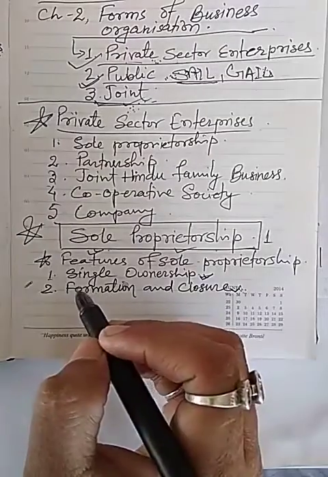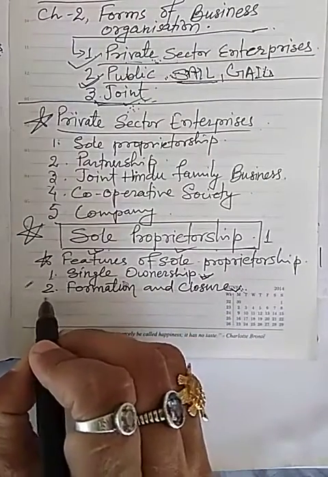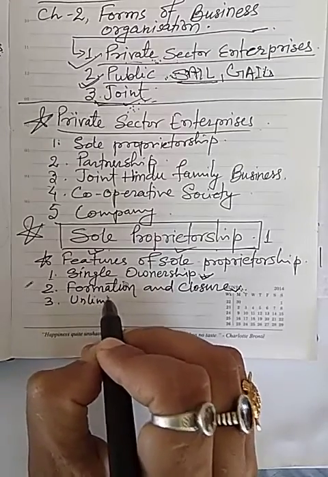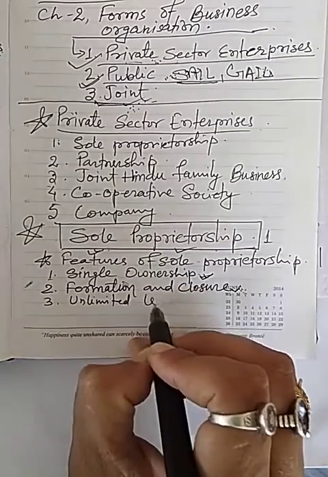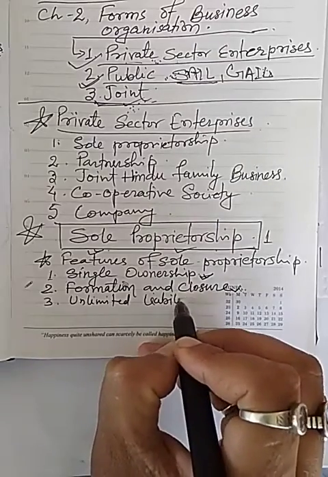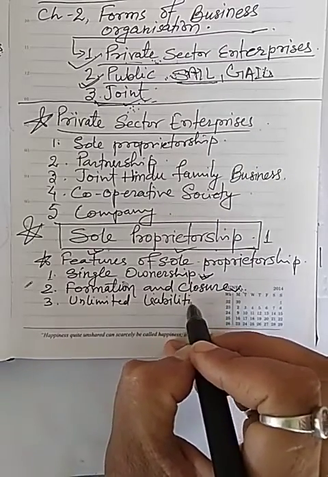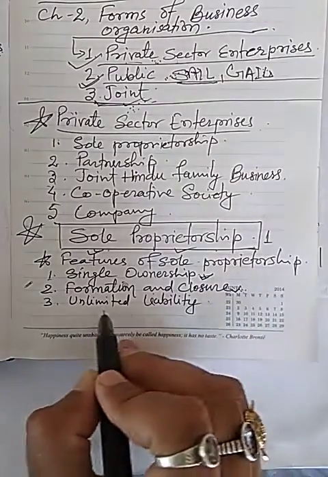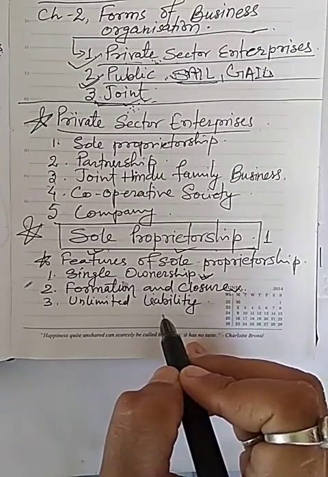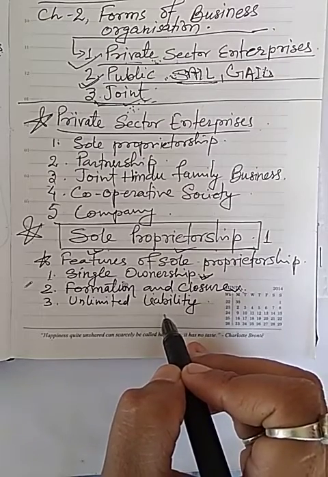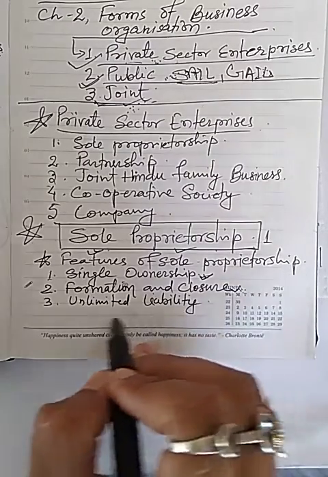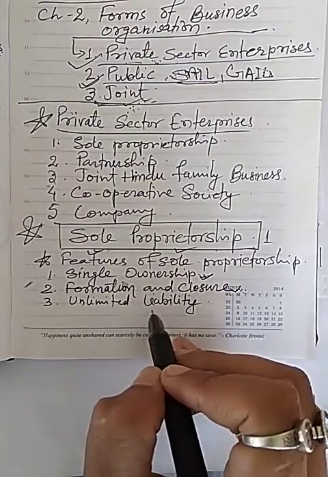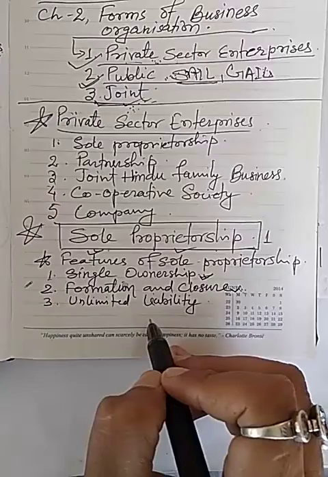Now third feature is unlimited liability. In a sole proprietorship firm, the proprietor is personally liable for all the debts of the business.